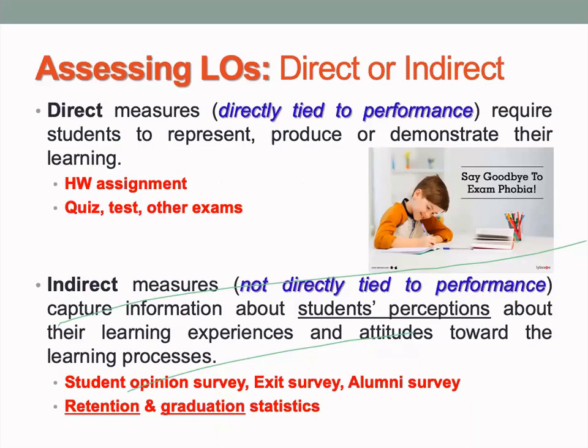The students need to show us their performance. So how do we do this? We go through homework, assessments, quizzes, tests, and other assessments, for example the exam. This is the way we get the direct measurement of the LO.